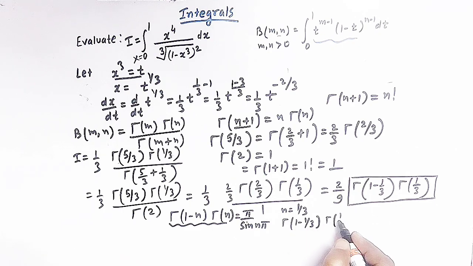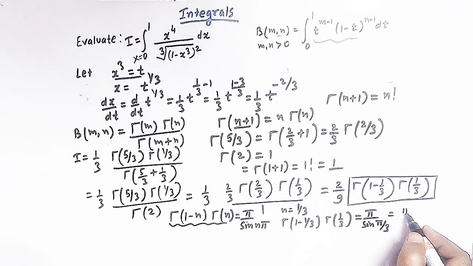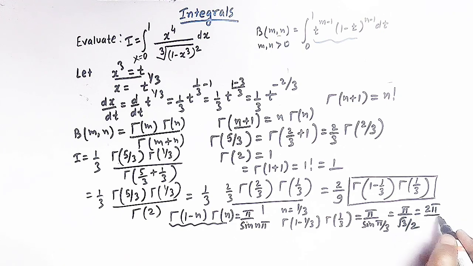Then we have gamma 1 over 3, and here we have pi over sine n pi. So n is 1 over 3, so we have sine pi by 3. So now we have pi, and sine pi by 3 is sine 60 degrees, that is root 3 over 2. So we can now write 2 pi over square root of 3.